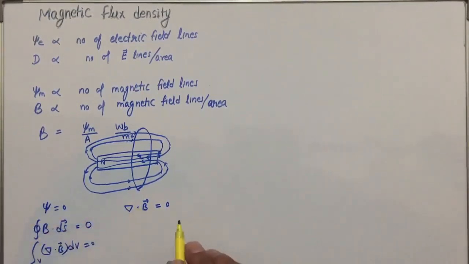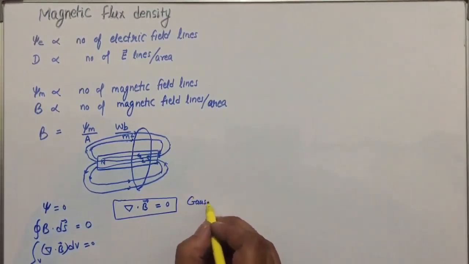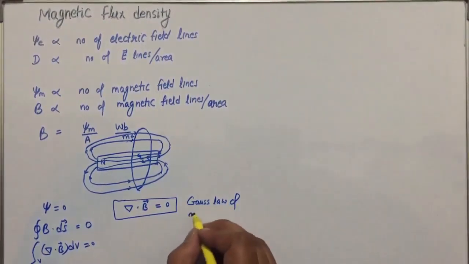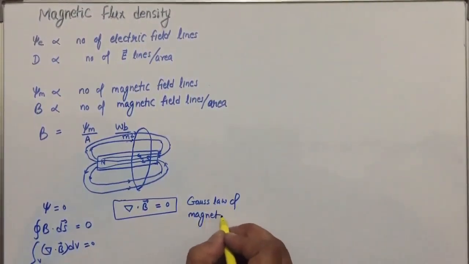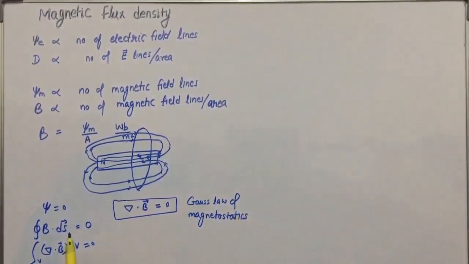Similar to electrostatics, this is the Gauss law of magnetostatics, and this is also known as the divergence of magnetic flux being equal to 0.